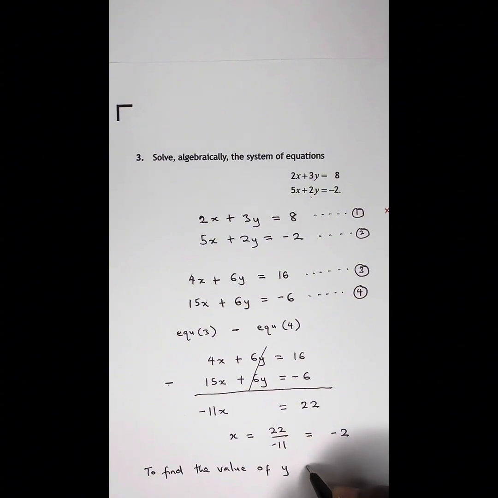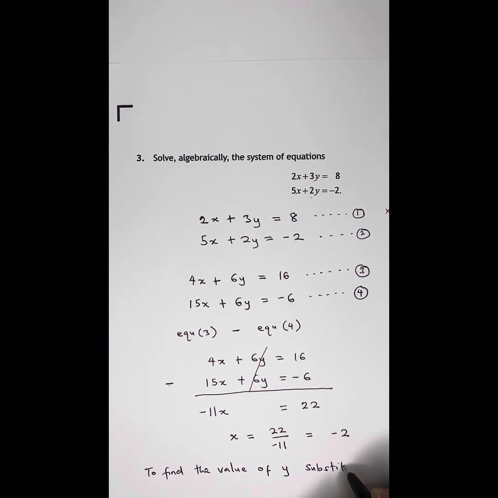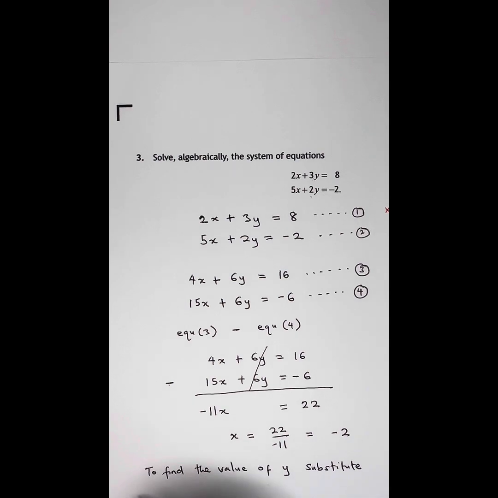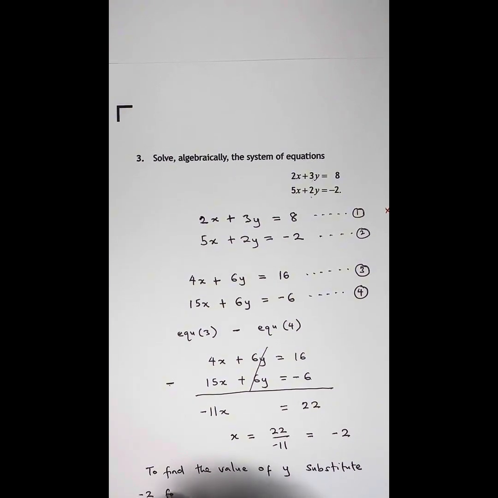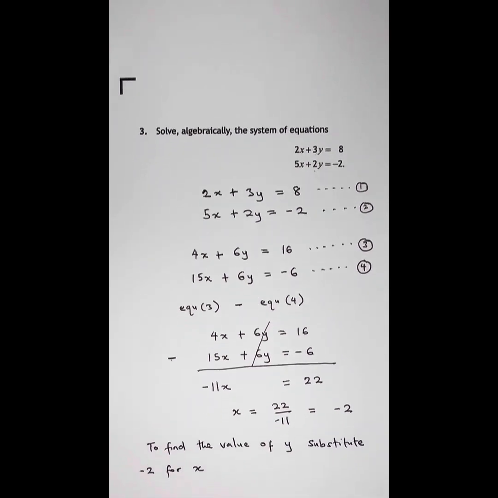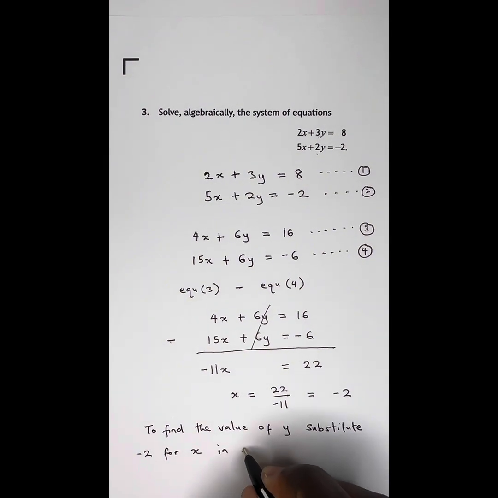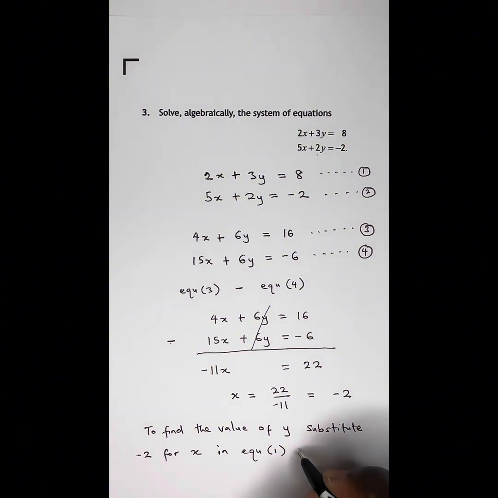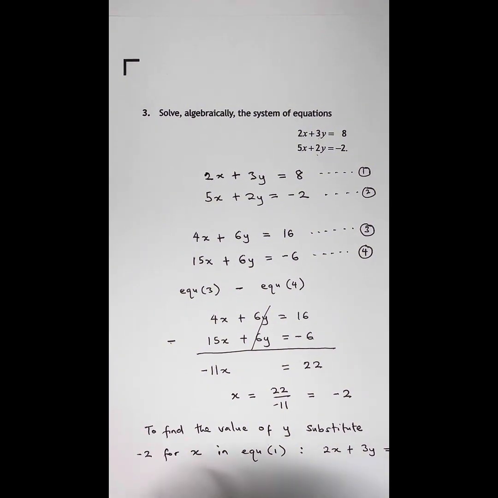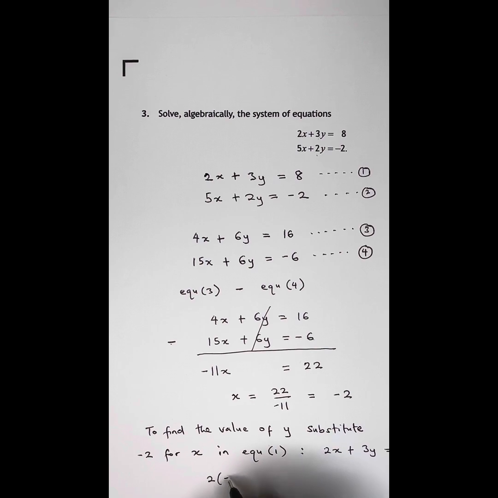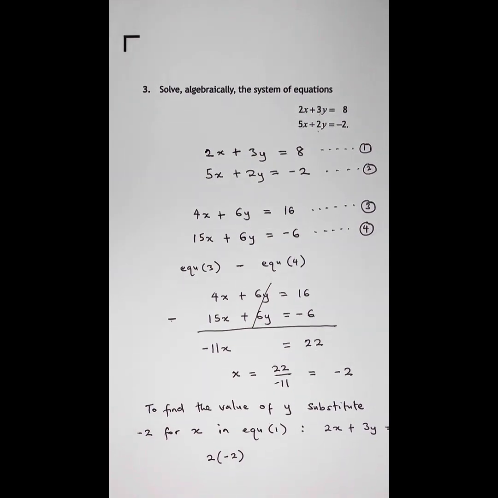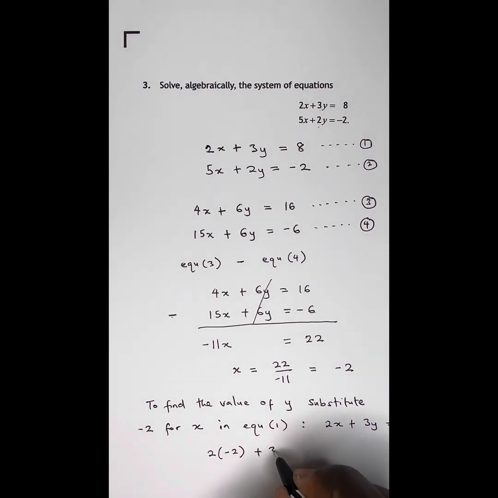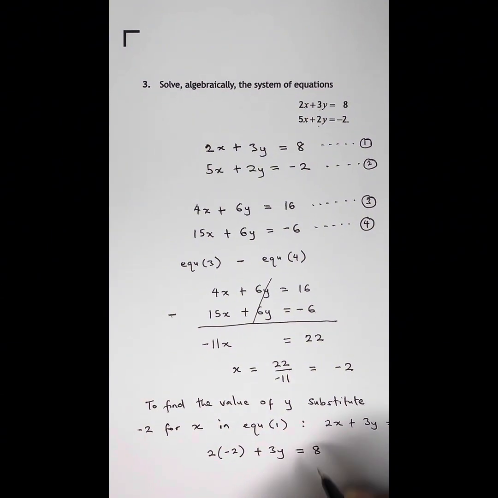We substitute minus 2 for x in equation 1. Equation 1 is simply 2x plus 3y equals 8. So that becomes 2 times minus 2, plus 3y equals 8.